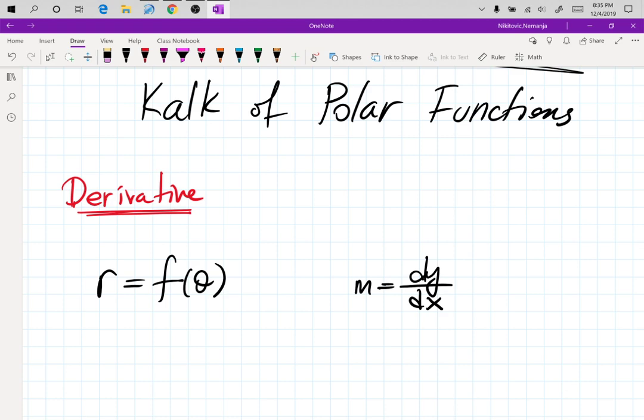Well, the cool way is to multiply top and bottom here by 1 over d theta, like this, which gives you that parametric form of dy/d theta divided by dx/d theta.